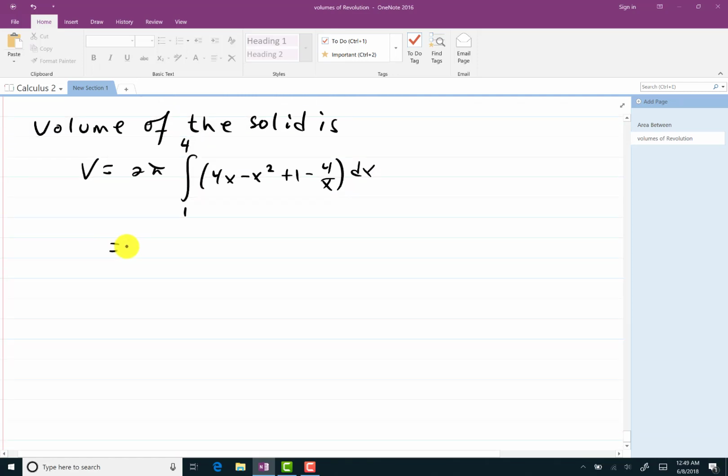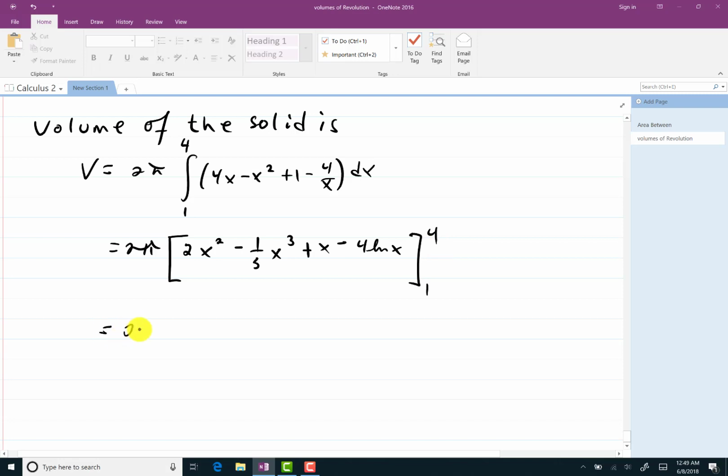So that's 2 pi, 4x squared over 2 is 2x squared minus 1/3 x cubed plus x minus 4 ln x. Since x is dealing in positive numbers, I don't have to put the absolute values around it. Going from 1 to 4.